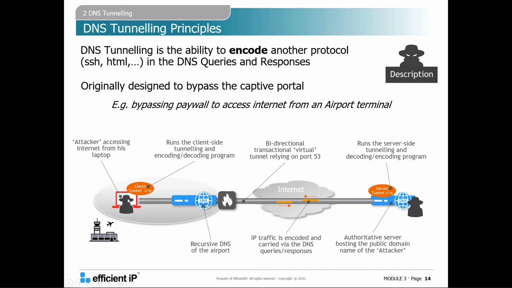This allows the attacking client to access the internet through this server, bypassing whatever restriction the environment has. And because it's a DNS query, it is seen as a DNS query and it passes through.